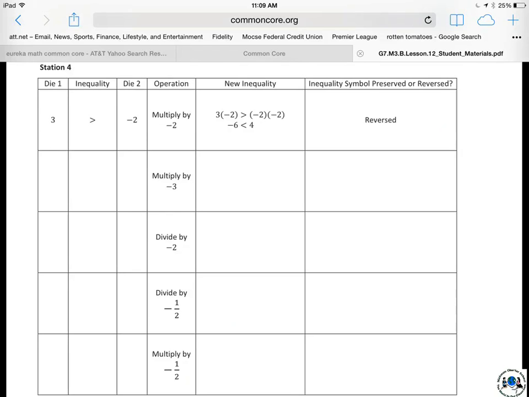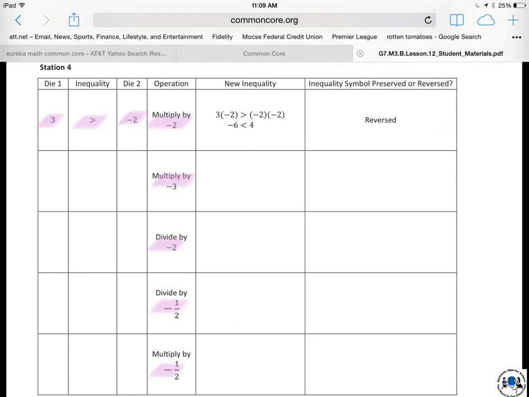So here we go. Station 4. Now, as you see, we have multiplying by negatives and dividing by negatives, okay? Seems to be our theme here. So let's look at the first one. Die 1 was 3, die 2 negative 2. Therefore, we know 3 is greater than negative 2.